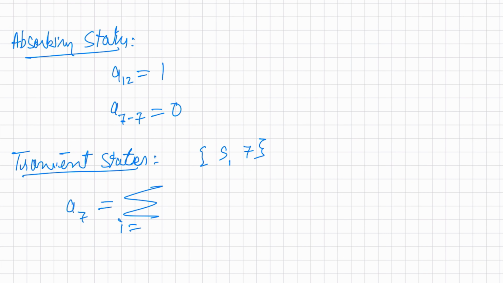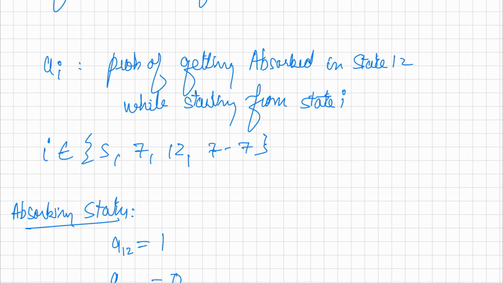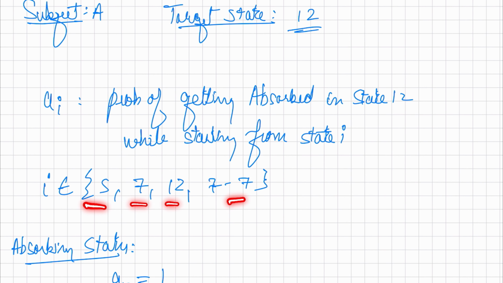So the probability of getting absorbed in 12, starting in state 7, is basically you just parse over all the possible states. I'm just going to write it like this. This basically means you go over all possible states in the state space, and here the state space covers S, 7, 12, 7, 7.